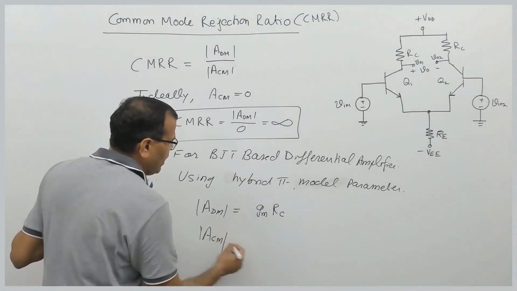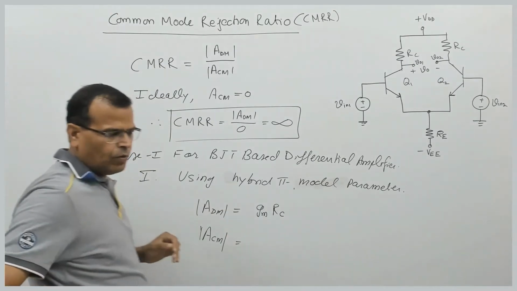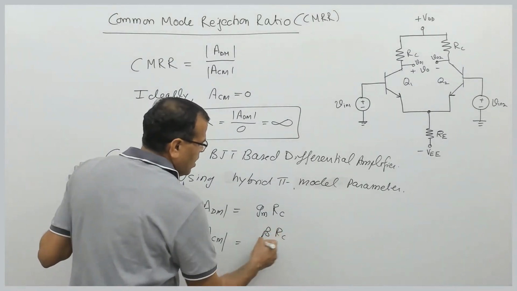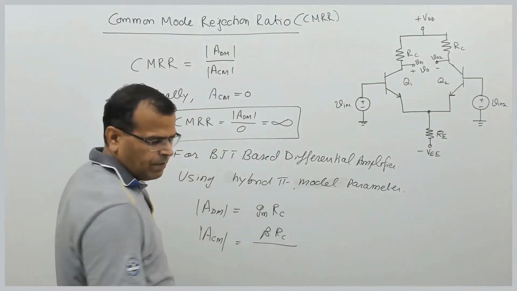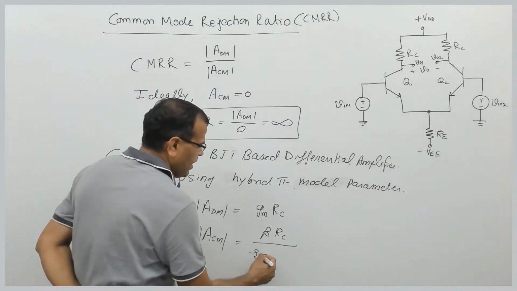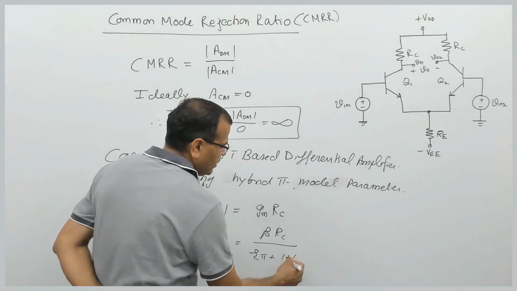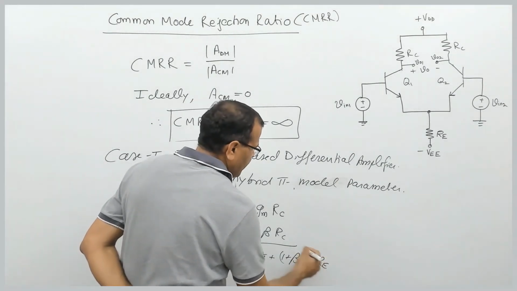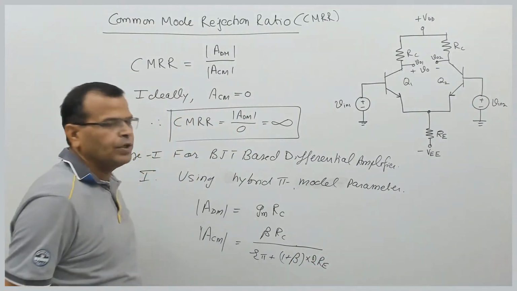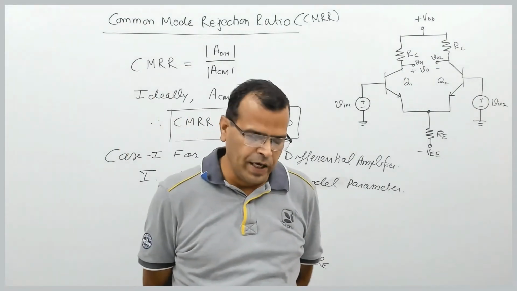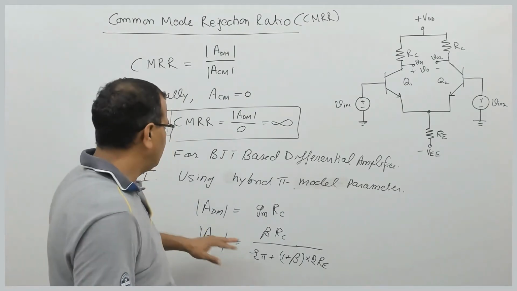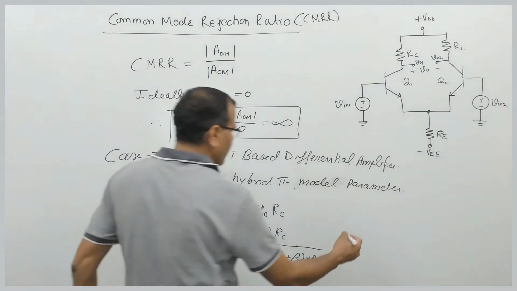is given by, I can write the expression of the common mode gain as well, that is beta RC divided by r pi plus 1 plus beta into twice RE. That is the expression of common mode gain of the amplifier. Fine. So by putting these two expressions here, what do we get?